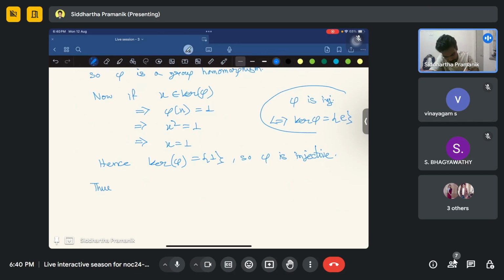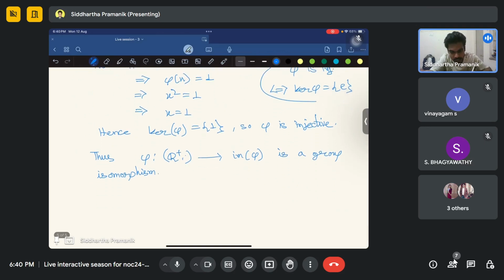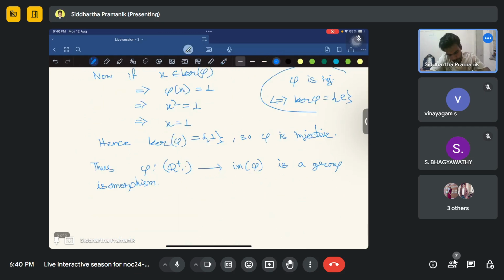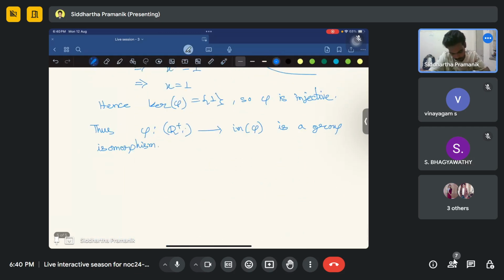So we can say phi from Q plus, comma, dot, to its image is a group isomorphism. Now we know that image is a subgroup of the codomain, right? which is Q plus, comma, dot. But is it equal to Q plus, comma, dot? Meaning phi is surjective or not?